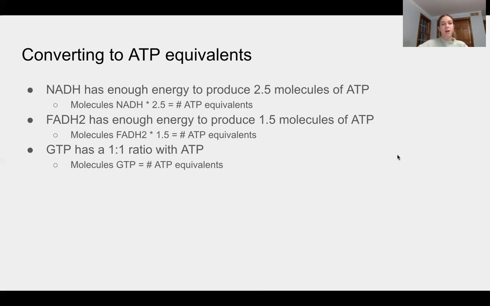And then GTP actually has a 1-to-1 ratio with how much energy it uses to produce ATP. So however many molecules of GTP you have is equal to the number of ATP equivalents.